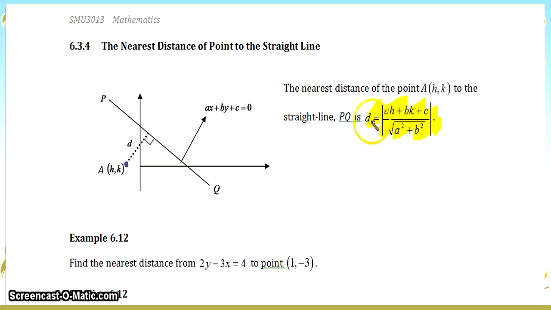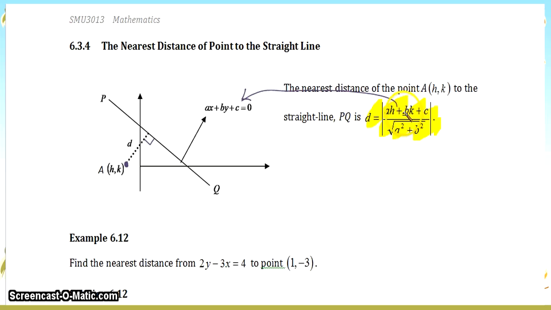So it is the modulus of ah plus bk plus c, divided by the square root of a squared plus b squared. This numerator actually comes from the equation.